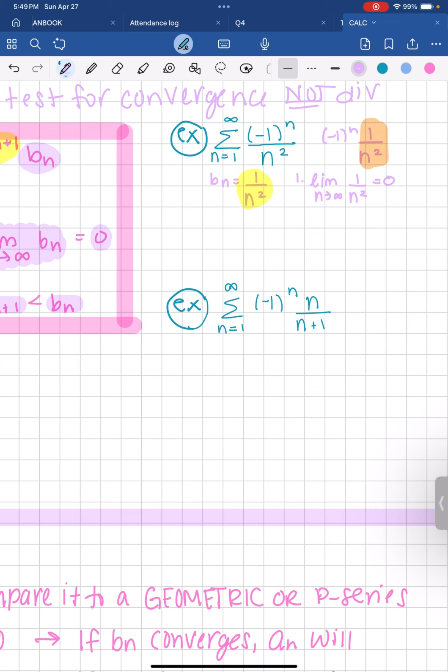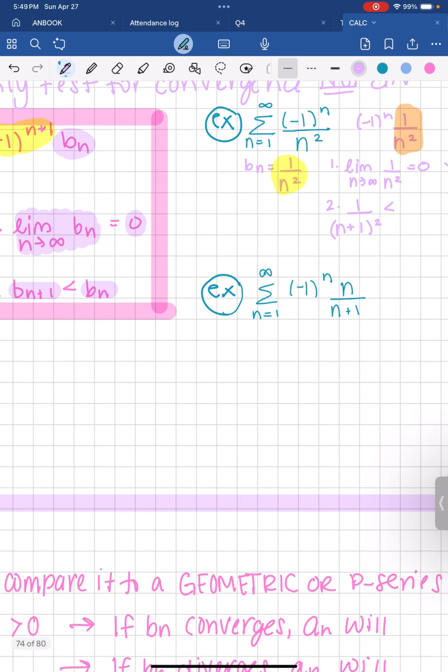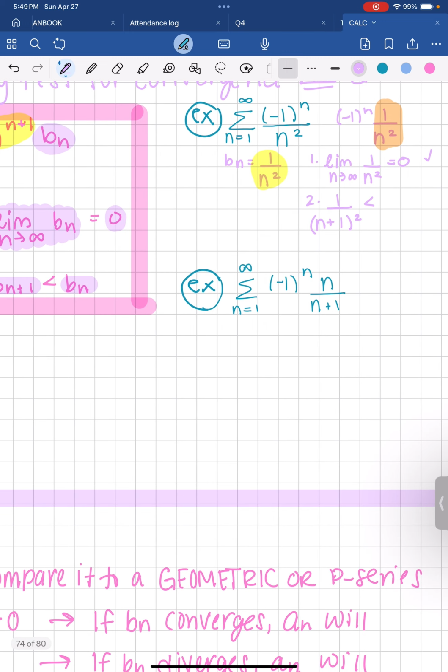The denominator is going to grow faster than the numerator. Check. Next step. Then we need to say 1 over (n plus 1) squared. It's B sub n plus 1, so everywhere we see an n, we replace it with n plus 1, is less than 1 over n squared.